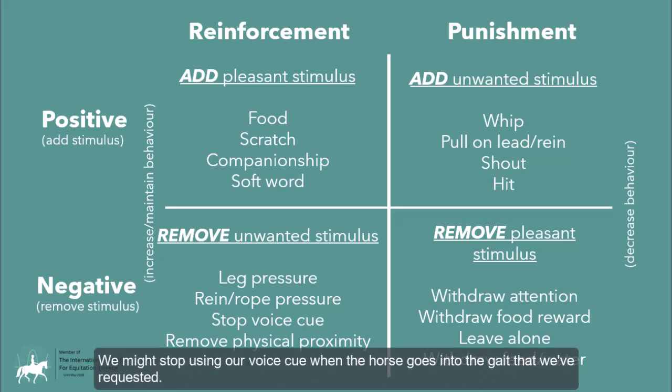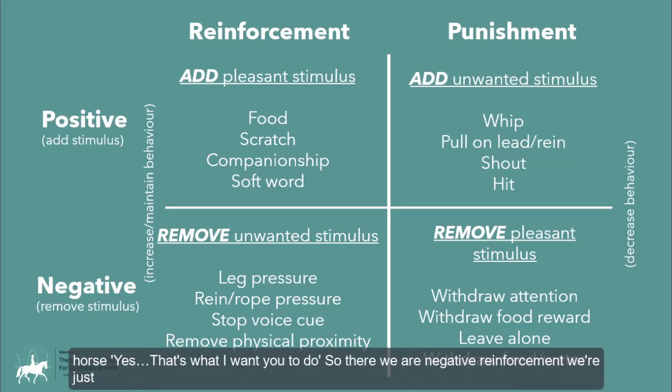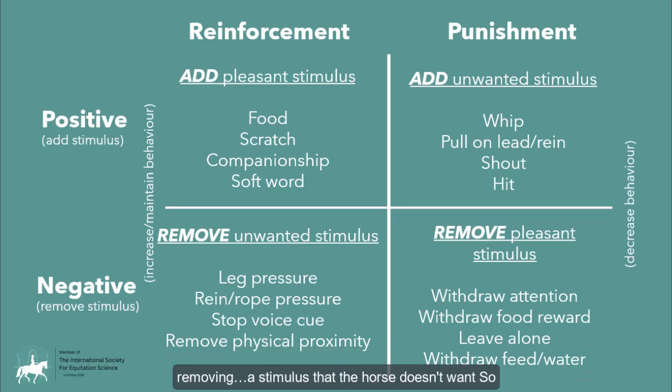We might stop using our voice cue when the horse goes into the gait that we've requested. Or we might just move away from the horse, so use our physical proximity to tell the horse, yes, that's what I want you to do. So there we are, negative reinforcement. We're just removing a stimulus that the horse doesn't want.